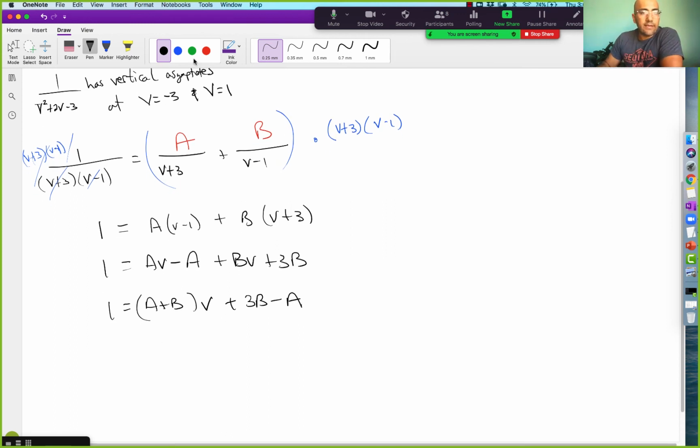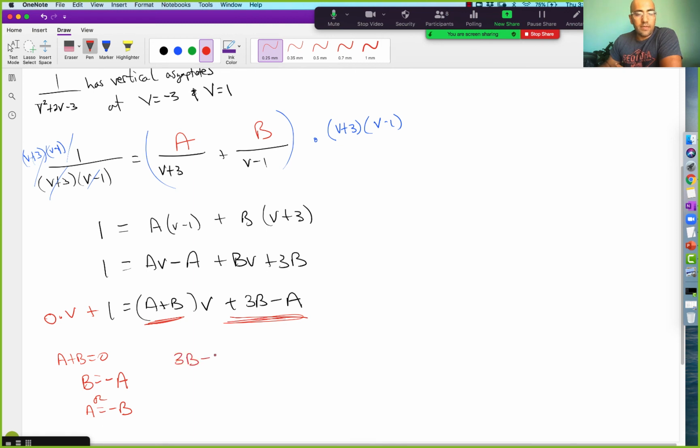So I can add the extra variable of V. This is going to be 0 times V plus 1, which means that this part must be 0. I can conclude that A plus B must be 0. Therefore, B equals negative A. Or the other way around, A equals negative B. And the other conclusion is that this must be that constant of 1.